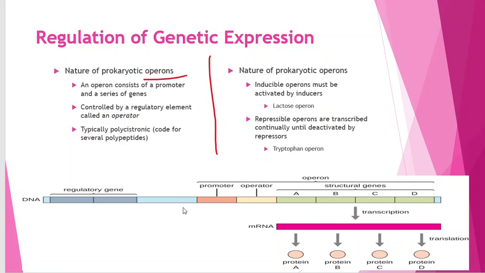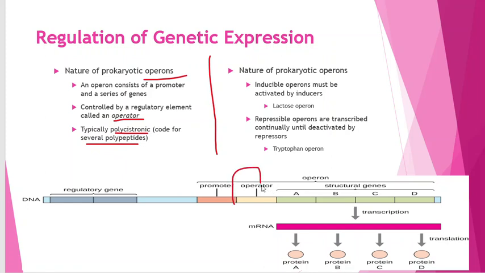Now, the operator is going to be the controller, and these guys are typically, here's a terminology for you, polycistronic. In other words, it codes for several different proteins at the same time.